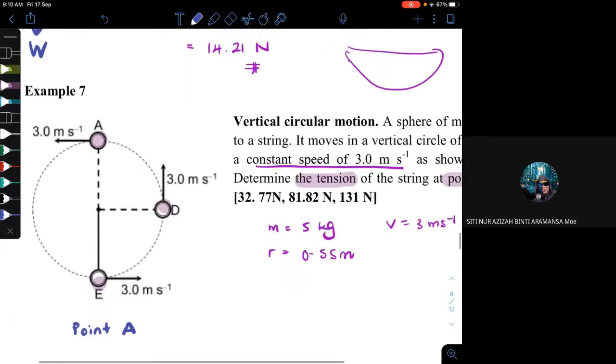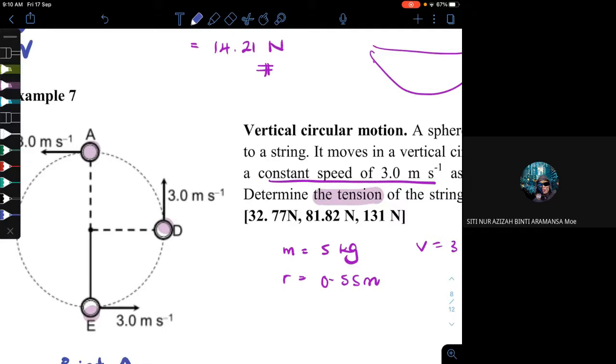Okay, so point A, apakah weight yang kita ada kat sini? Anyone can tell me, apa weight force yang kita ada? Miss dah beritahu jawapan dah. Point A. We have what? We have weight ke bawah. Apa lagi kita ada? Tension. Okay, tension. Tension ke mana?